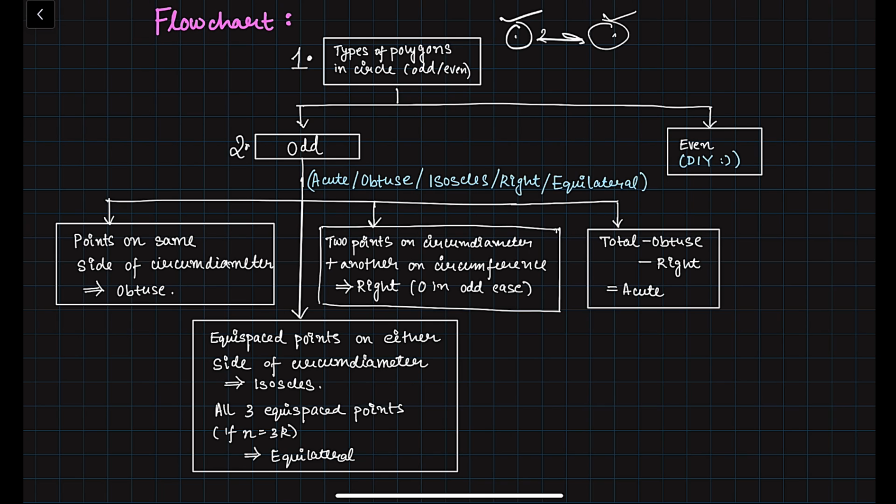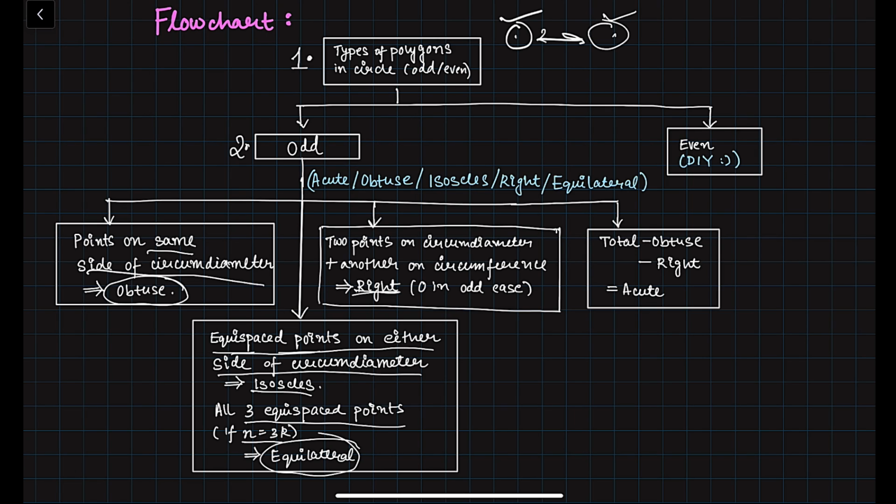We noticed that for an obtuse angle triangle, the points have to be on the same side of the circum diameter. For an equilateral triangle, the 3 points have to be equispaced, where n equals 3k, and for an isosceles triangle, there should be equispaced points on either side of the circum diameter.